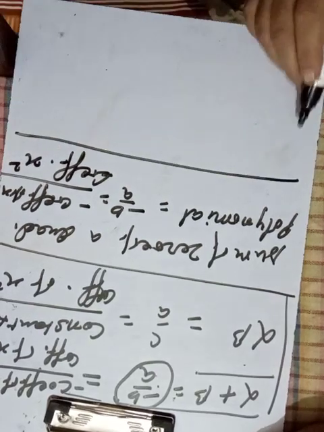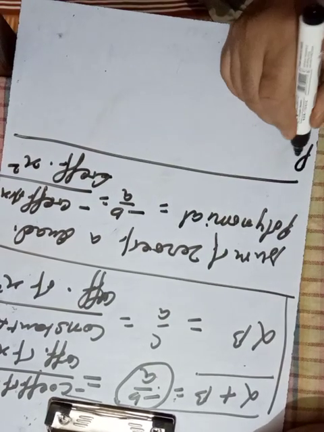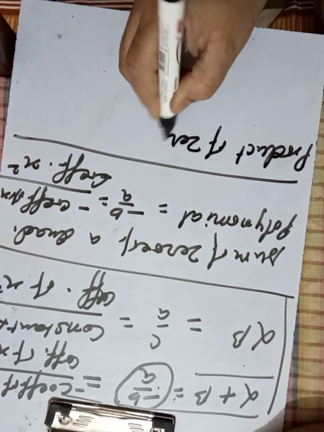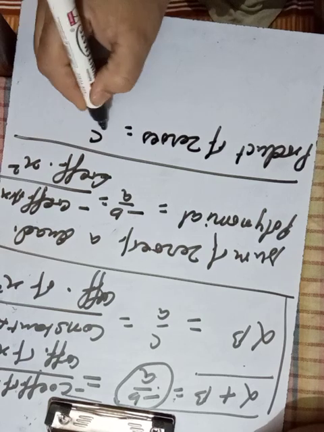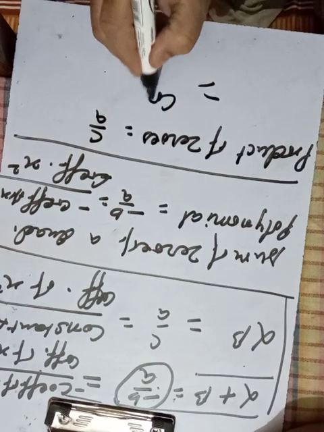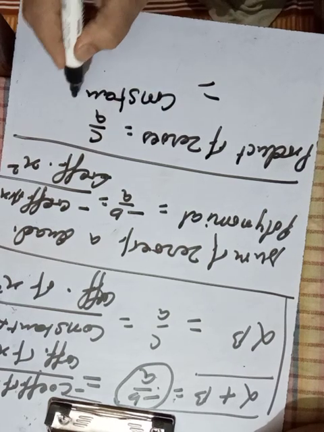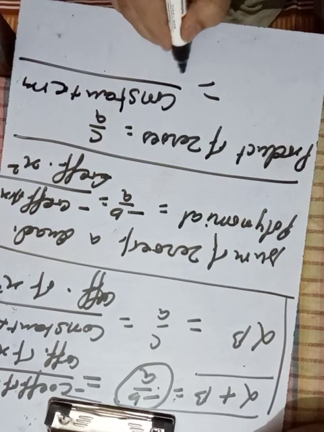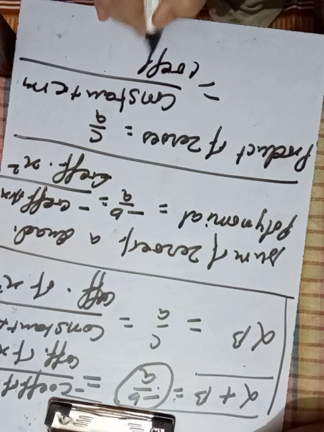You have to remember this. Another, the product of zeros is equal to c by a, which is our constant term by the coefficient of x square.